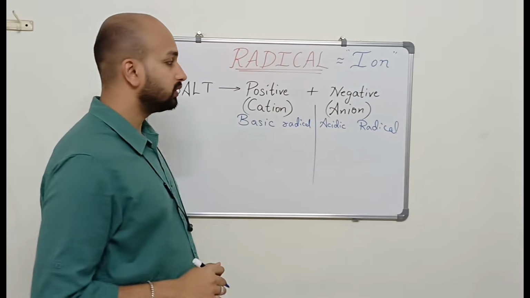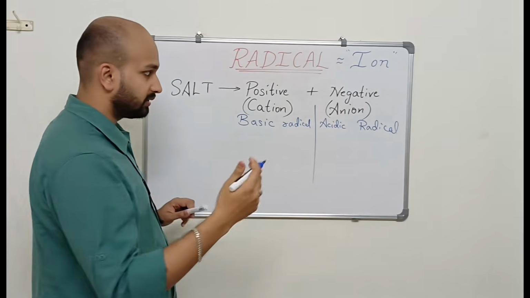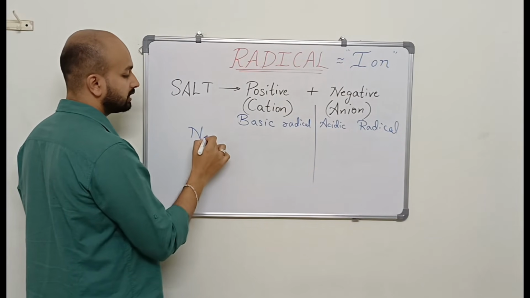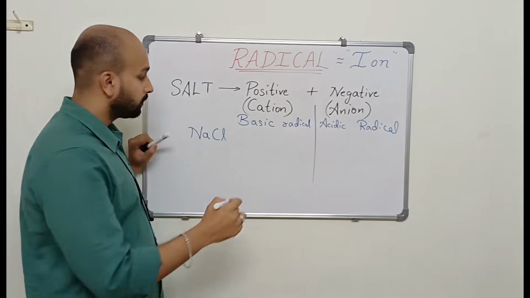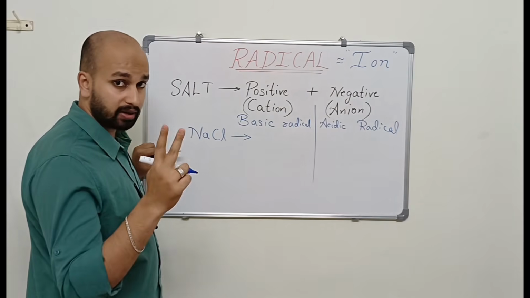Okay, let me give you an example. We were talking about common salt earlier. Let me take that itself as an example. The formula for common salt is NaCl, sodium chloride. Now, when you split this, you're going to get two parts.